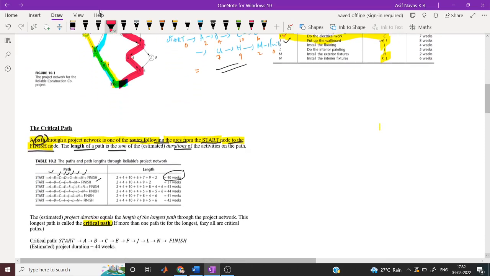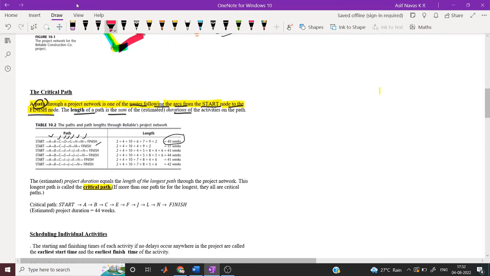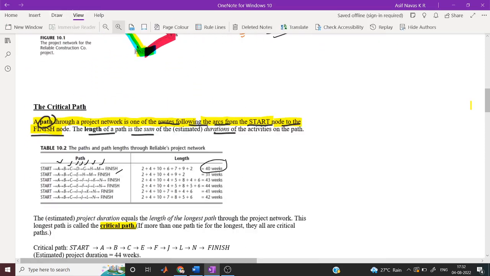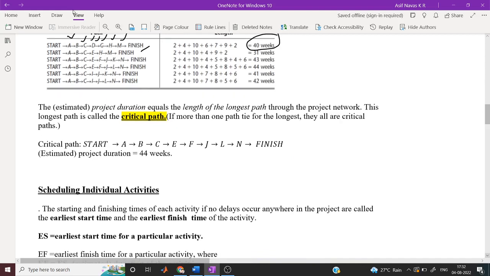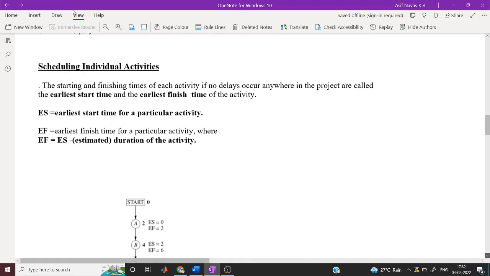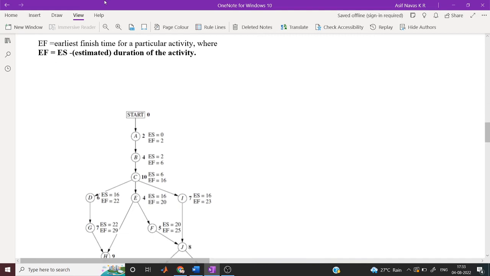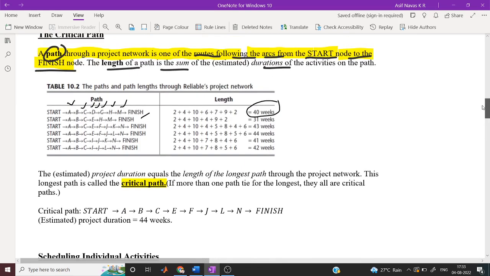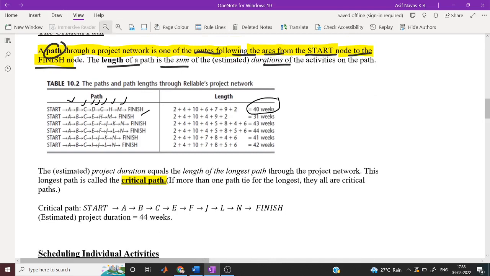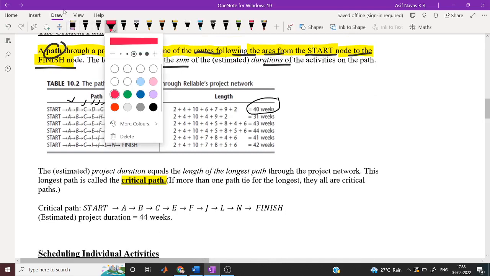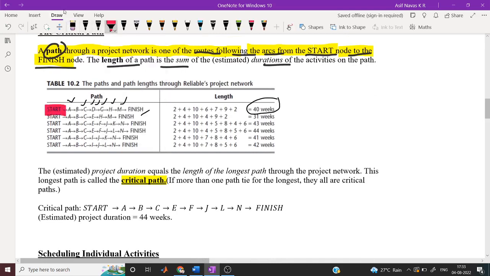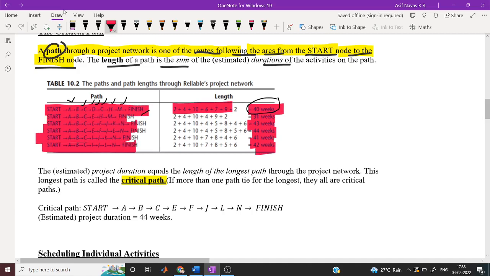So that is discussed here. So these are the paths we get, and their length is given here. So these are all the paths.